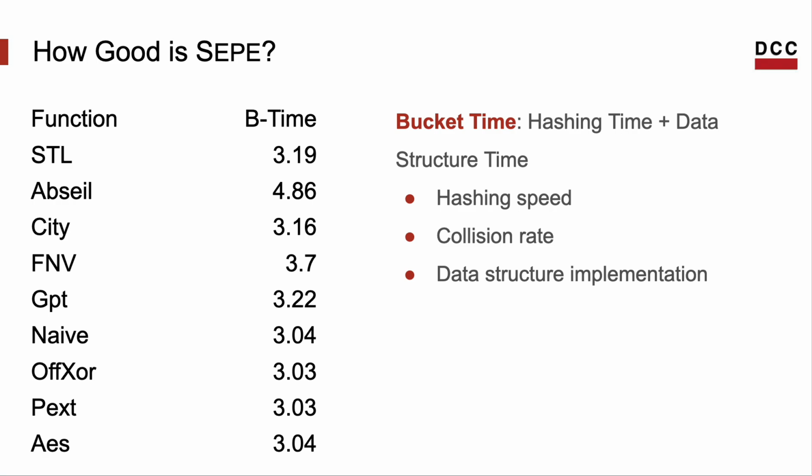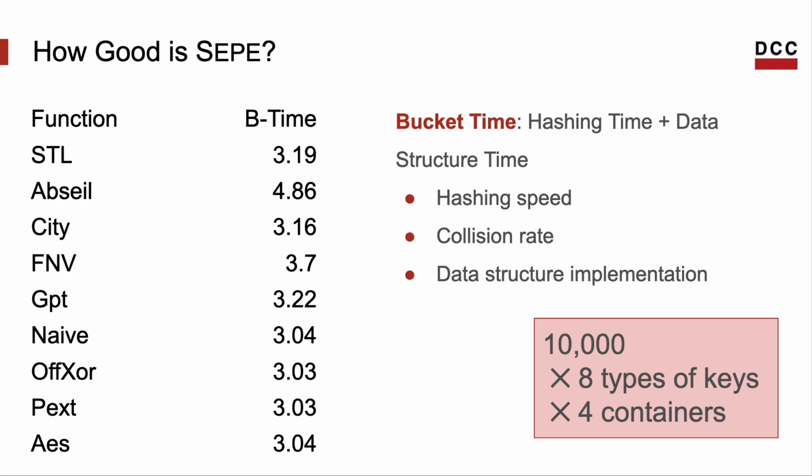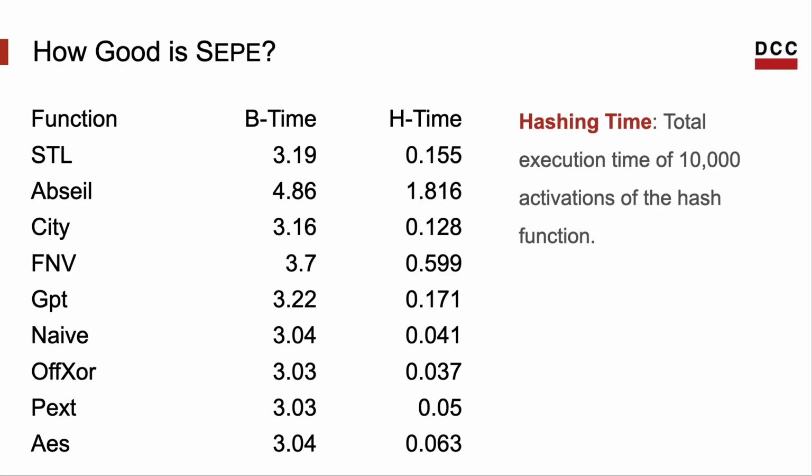That includes the time to generate the hash, but also the time to insert or retrieve the data from the data structure. Just to remind you, these numbers aggregate 10,000 times 8 times 4 results, okay? And then I have hashing time, that's only the time of doing hashing.